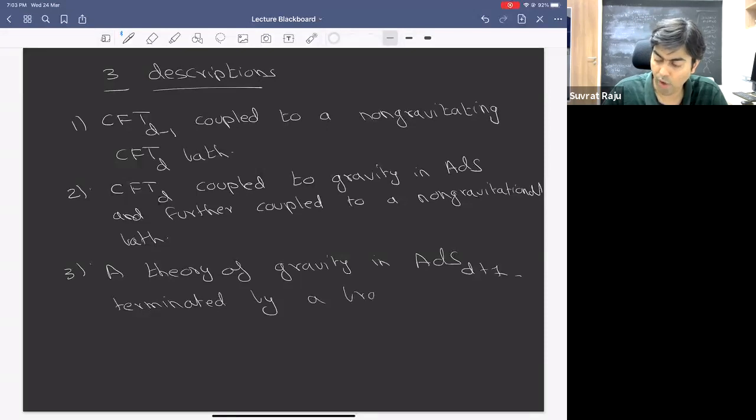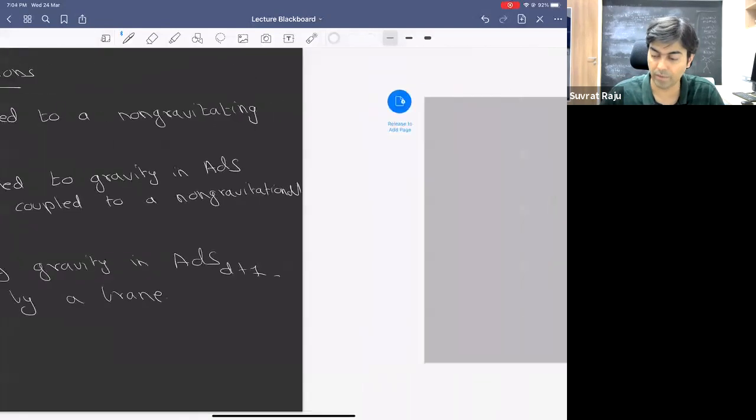Now, why is this the right way to think of things? It's kind of clear if you just take description 1 and think of the CFT_d as being holographic, that you should expect a dual of the form of 3. And let me draw a picture, which might make it clearer.